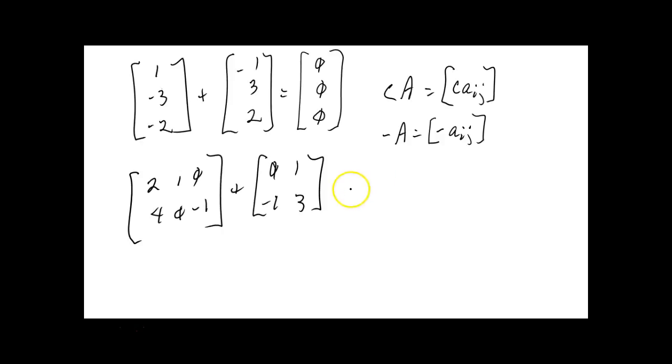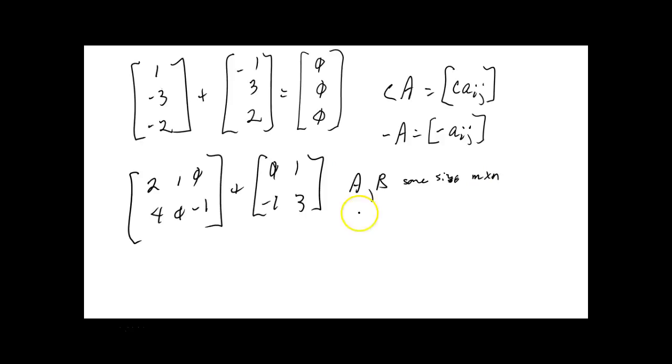Now, get this. If A and B are matrices of the same size, and quite often for same size, rather than having to write that off, we just say m by n. They're both m by n. Same m, same n.